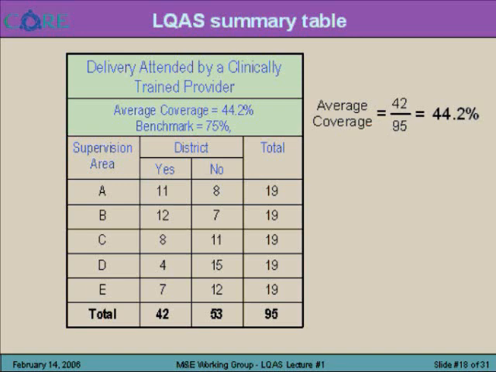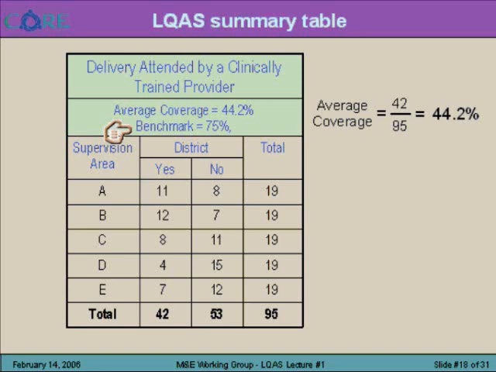Let's also assume that based on careful discussions with project stakeholders during the detailed implementation plan preparation, which included information from secondary data for the entire province and the whole country, we have established a coverage benchmark of 75% of deliveries that should get attended by a clinically trained provider.